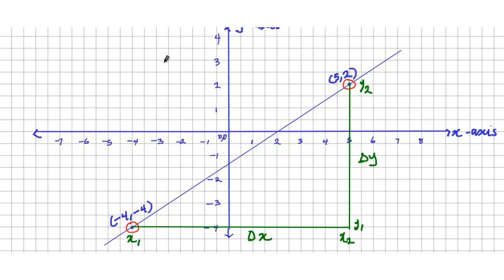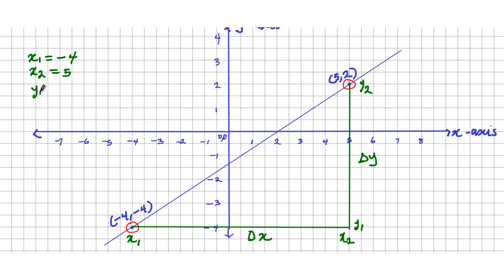So for me to determine the slope, let me quickly extract the coordinates. My x1 will be what? This is my x1, that is minus 4. Then my x2 in this case, if I trace it up, is 5.